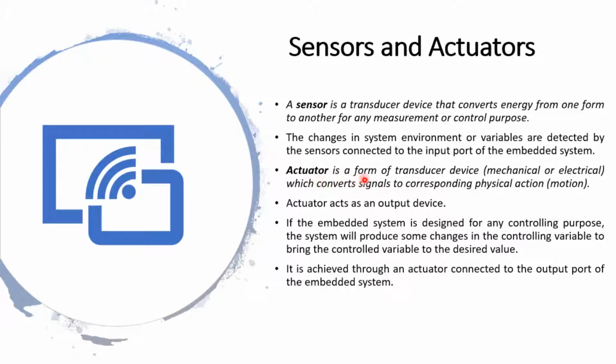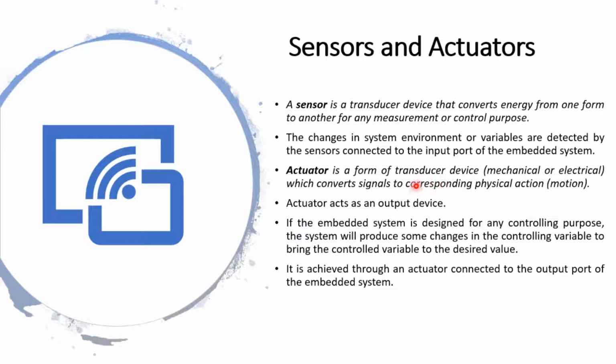Actuator is technically defined as another transducer device. Okay, sensor is also a transducer device. So actuator is also a transducer device, but here you have to be careful that an actuator can be a mechanical device or an electrical device, but usually sensors are electronic or electrical devices. So actuator can be a big mechanical machine too, in case of some applications.